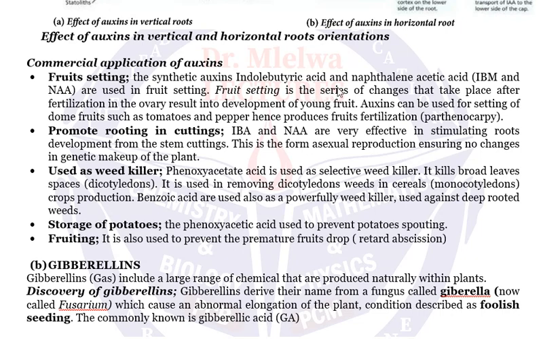So spraying the plant with auxin helps them to do fruit setting in an easier way. Auxin can be used for setting of fruits such as tomatoes and pepper, producing fruits without fertilization. That is what is called parthenocarpy.